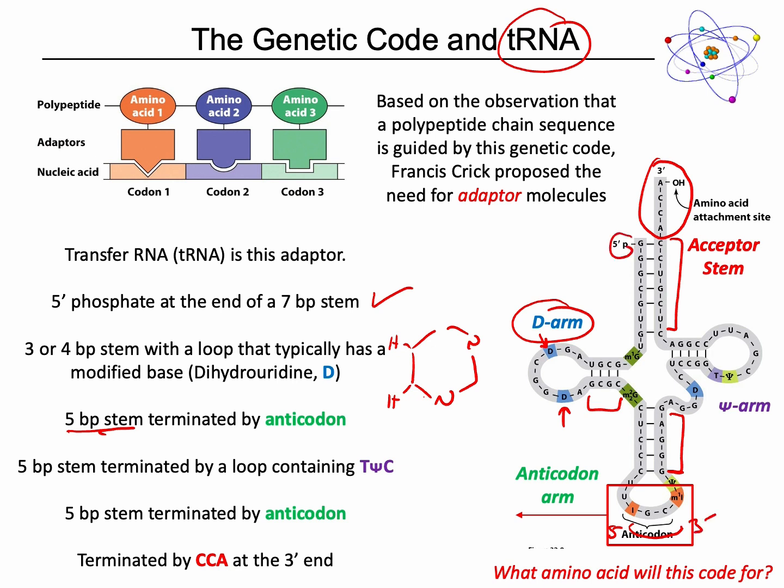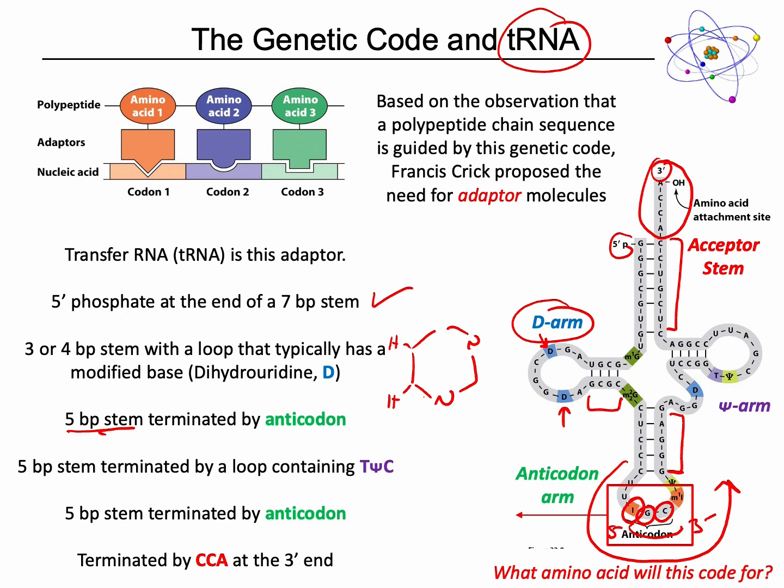So here's 5', here's 3'. So 5' to 3' is going in this direction. That's notable because it'll partner with the codon in the opposite direction. So it will partner with the codon G, C, and then remember inosine will partner with A or C or U. So this will partner with GC and then either A, C, or U.